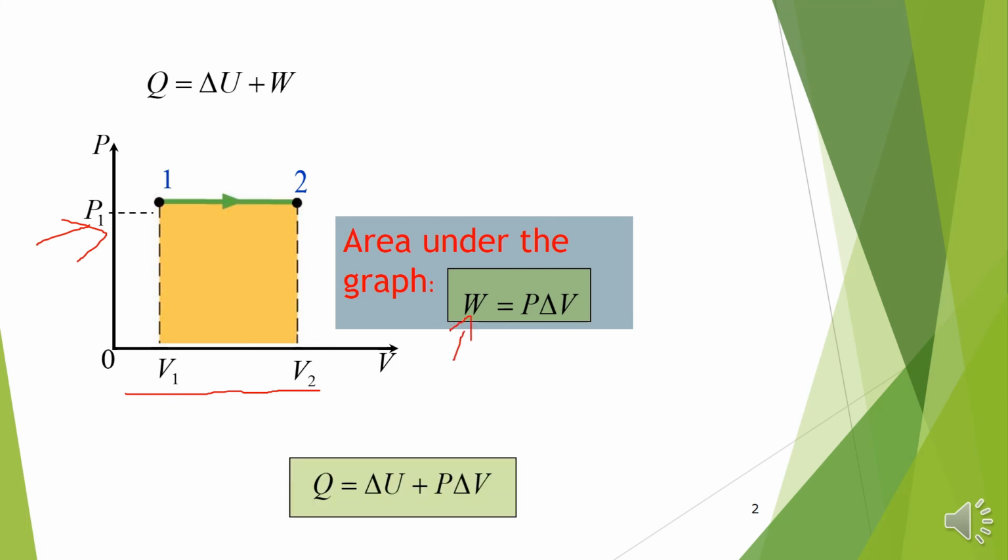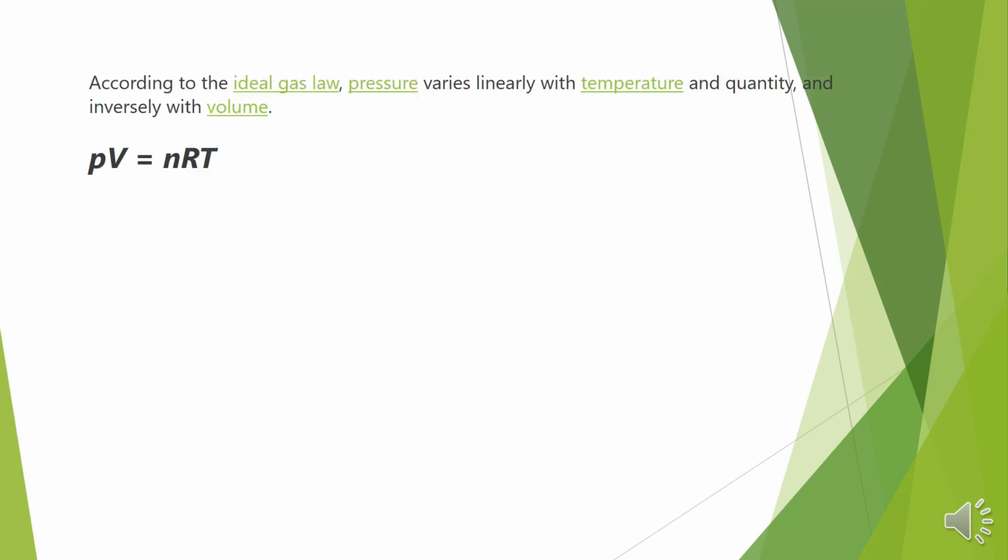So here Q is equal to delta U plus W, but we can replace W with pressure times delta V. According to the ideal gas law, PV is equal to nRT. Here P is constant, also n and R. So V just relates to T here.